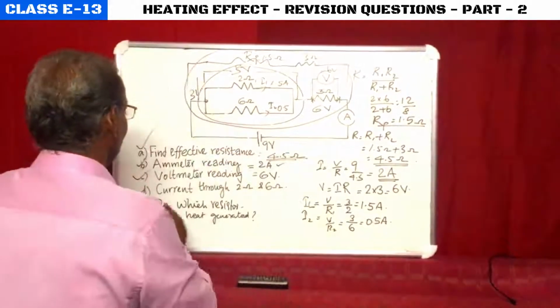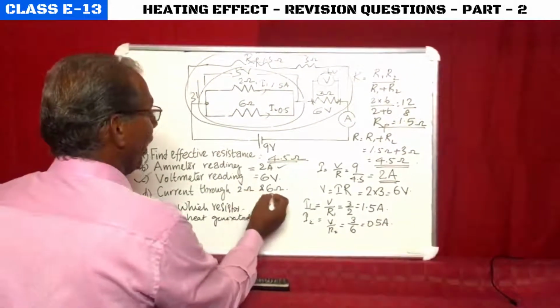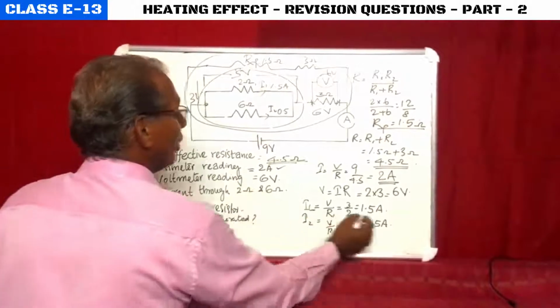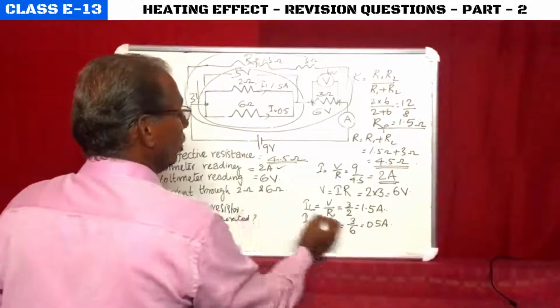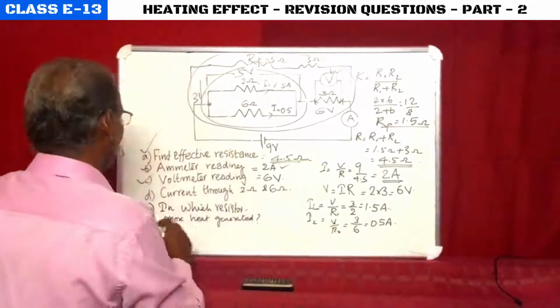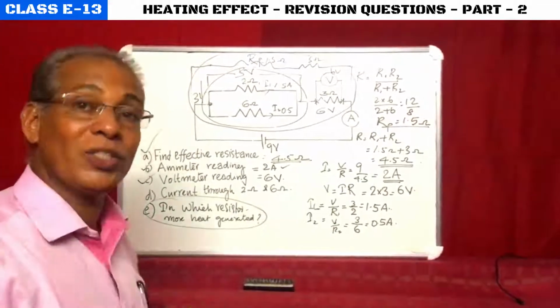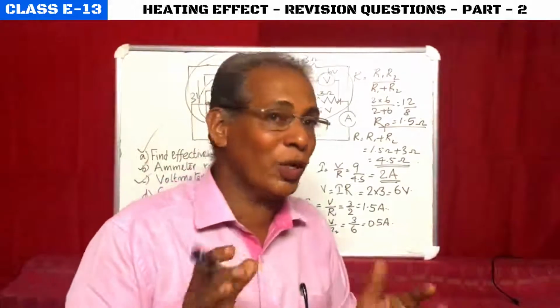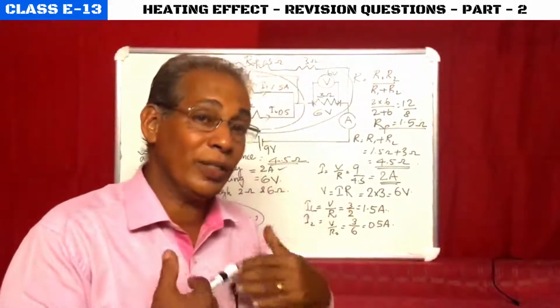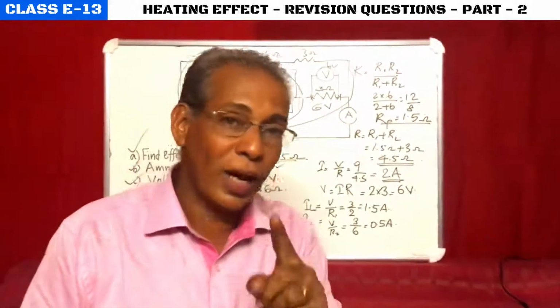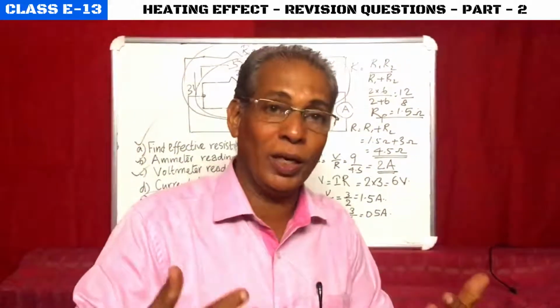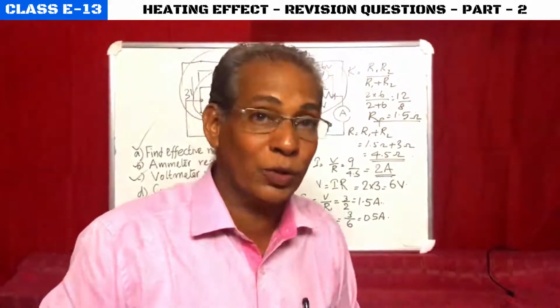Now, in the first part and this second part, 2 ohms carries 1.5 and 6 ohms carries 0.5. Now comes the question: in which resistor is more heat generated? Actually it is not coming to this part, we already studied it in the last part. This is an assignment for you. As I am telling, I am welcoming you to today's video.